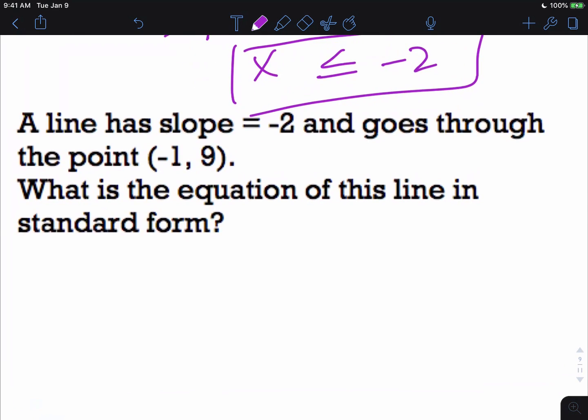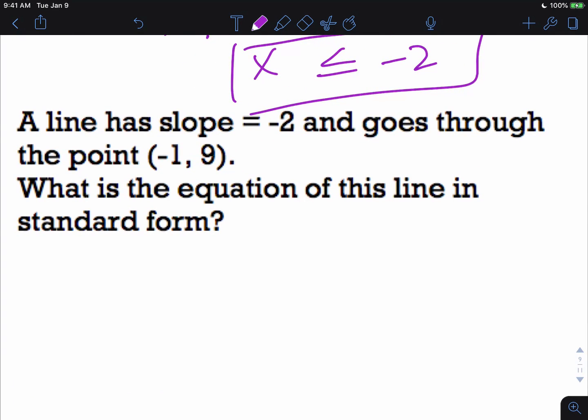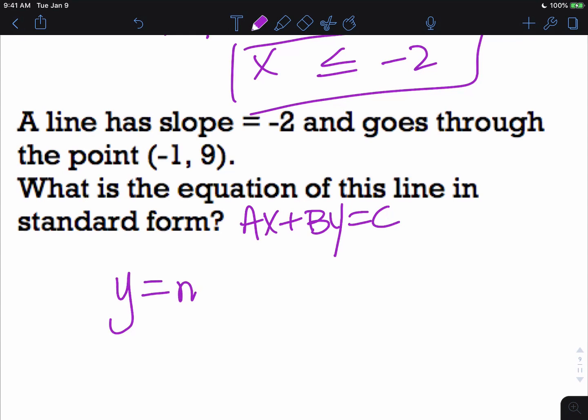All right, second to the last one. A line has a slope of -2 and goes through that point. What is the equation in standard form? Okay, so first thing, y equals mx plus b.